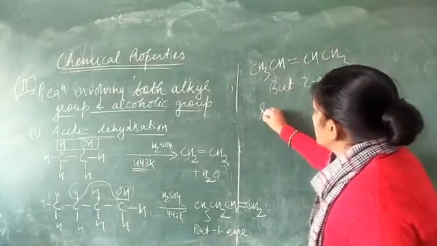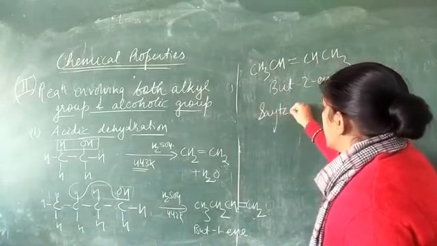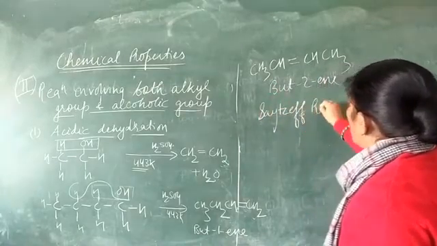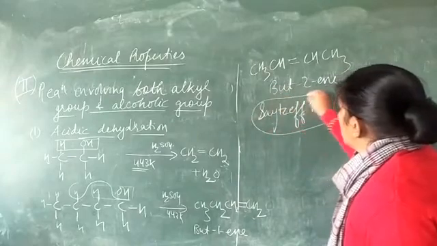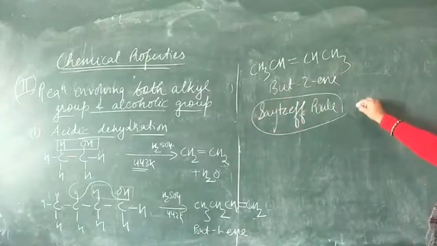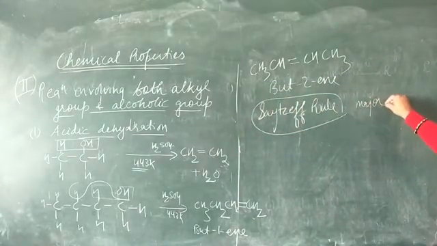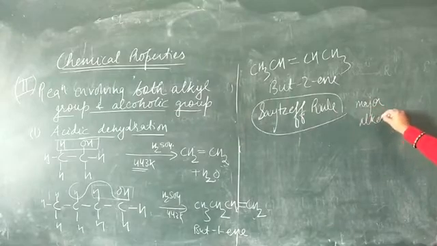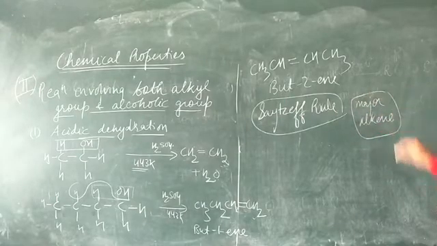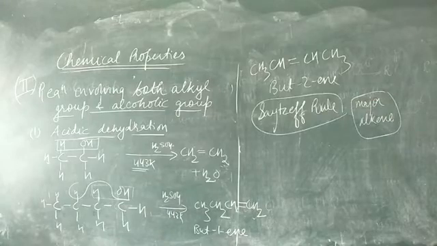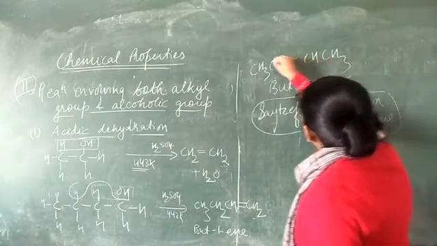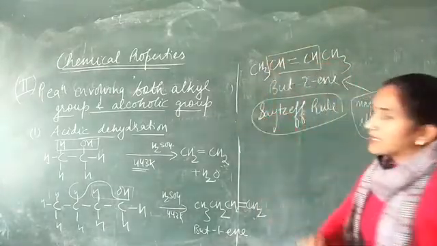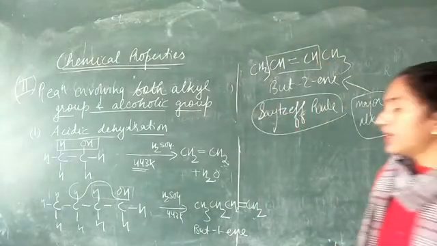Now here we are going to apply the Saytzeff rule to determine the major alkene that will be formed. The major alkene is going to be but-2-ene, because it is the most alkylated, right?